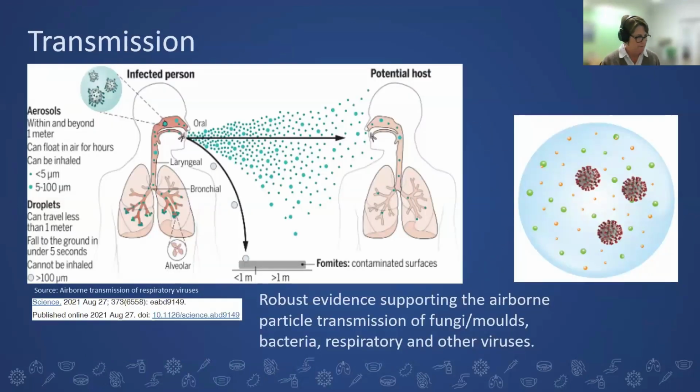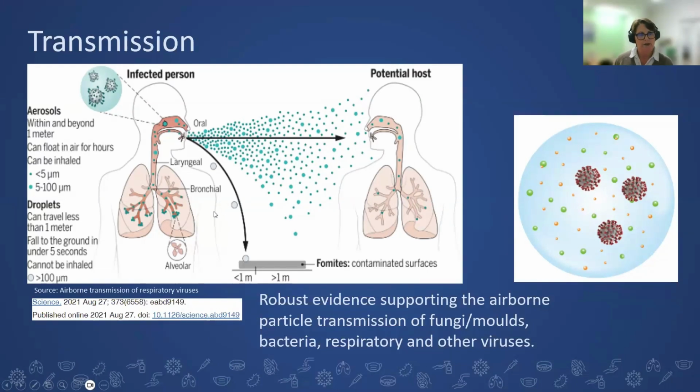So this slide probably demonstrates that. What we can see is both aerosols and also droplets. The larger particles are the droplets and the smaller ones are the fine aerosols.